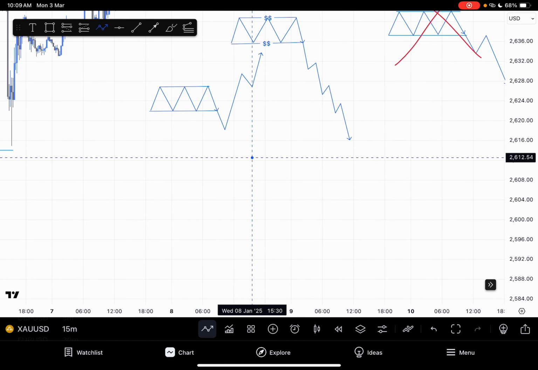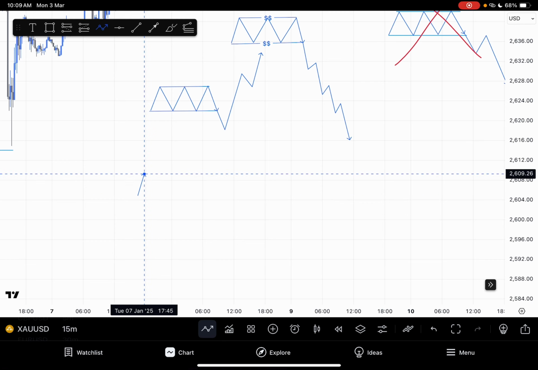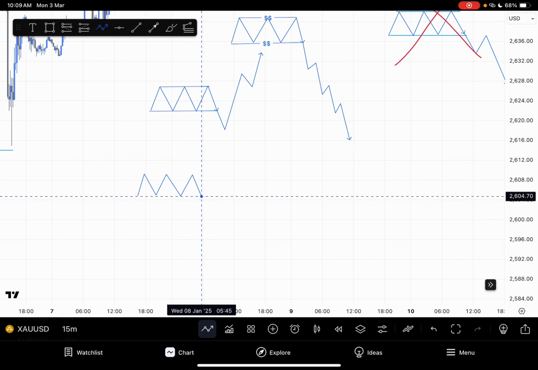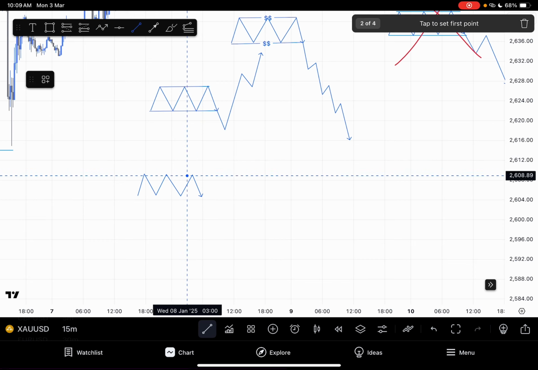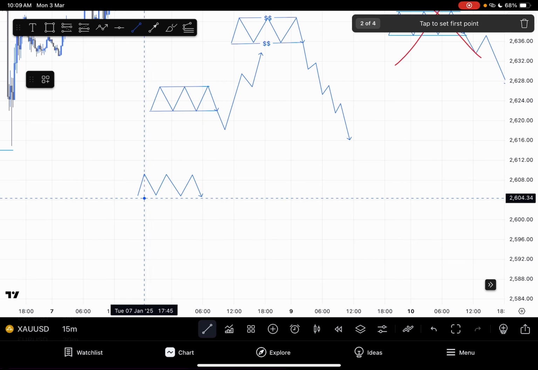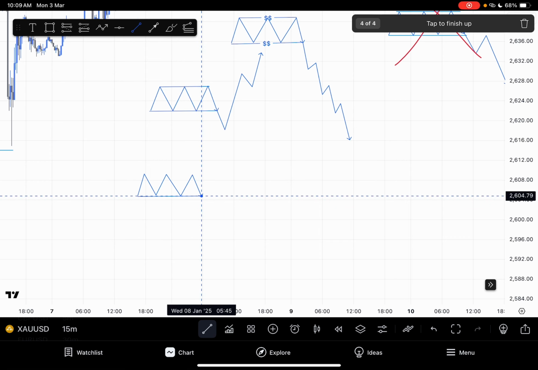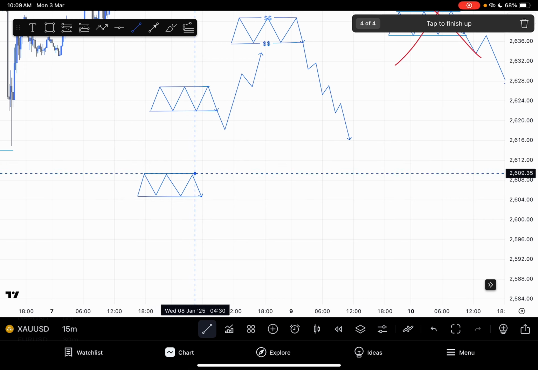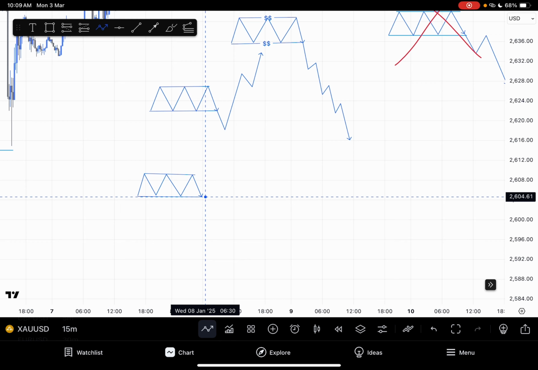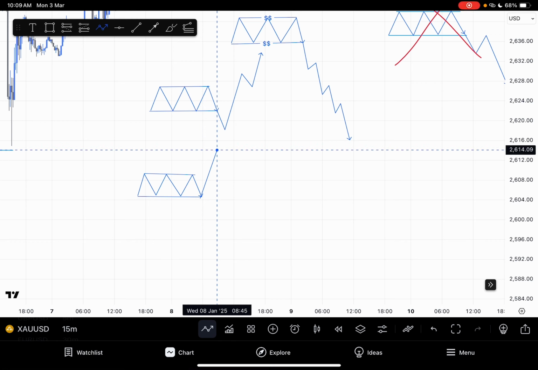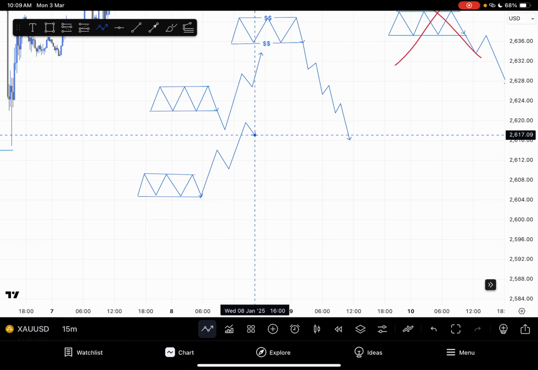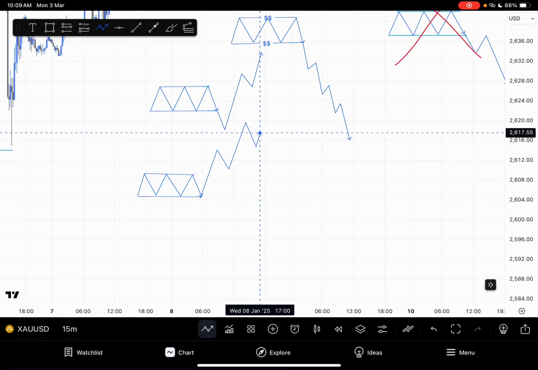Then also, if it does a breakout to the upside, price does a breakout to the upside. Now you can also see a continuation depending on the way price sweeps the liquidity.